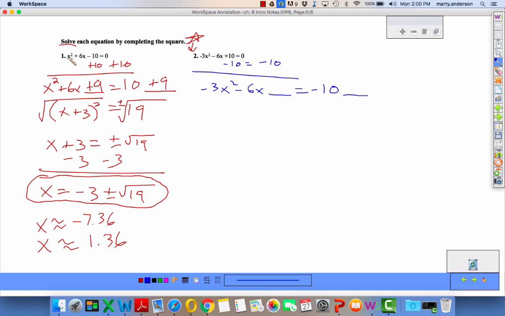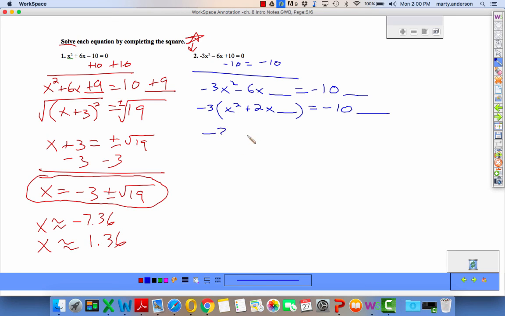So the examples we've done so far, the value of a out in front has been 1. Now I need to factor out a negative 3, which turns it into x squared plus 2x blank equals negative 10 blank. This is the big moment.